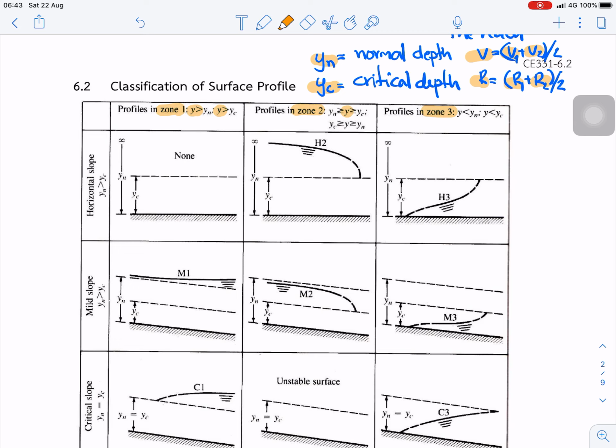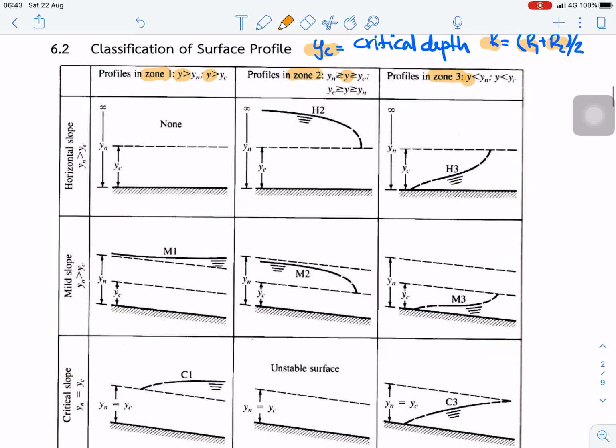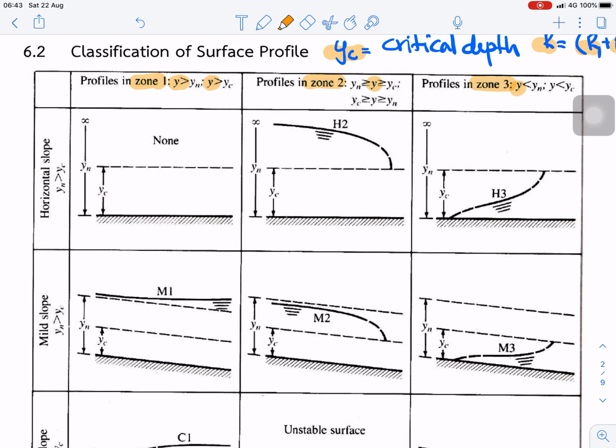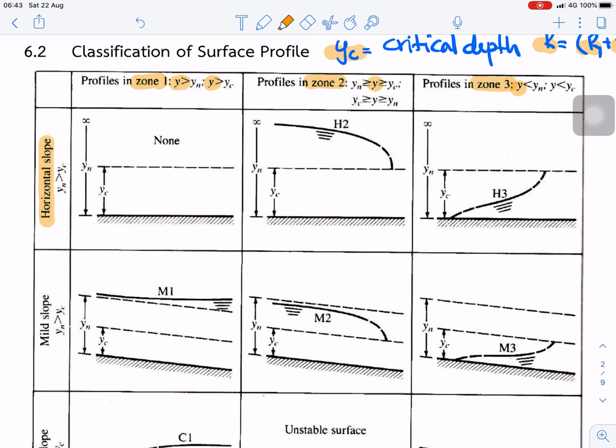And for zone 3, the depth of water is less than y1 and yc. For the horizontal slope, there are only H2 and H3. H2 means the water depth y is in between yc and yn, and H3 is where the water depth is less than yn and yc.